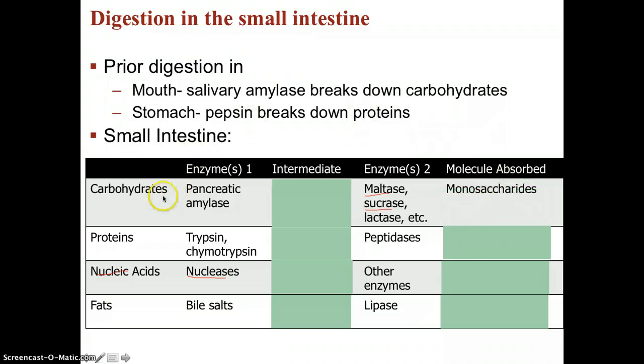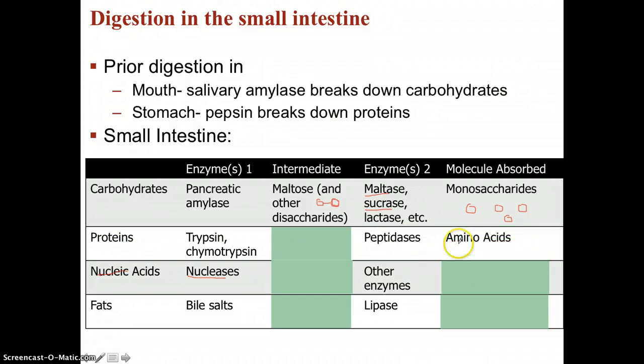And so this intermediate molecule is, well, if you look here, maltase, sucrase, lactase probably gives you an idea that the intermediate molecules are disaccharides. So amylase breaks these into two sugar components, and then these specific enzymes break them into the individual monosaccharides.